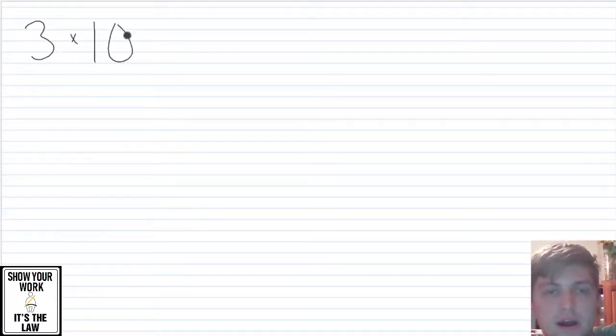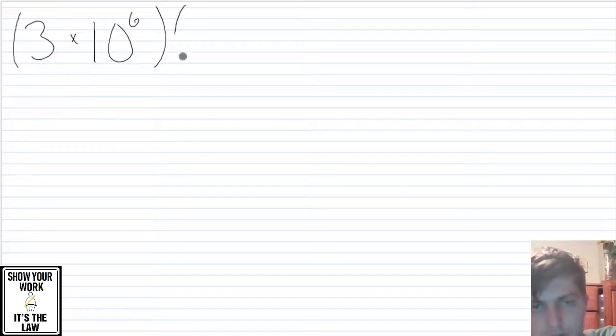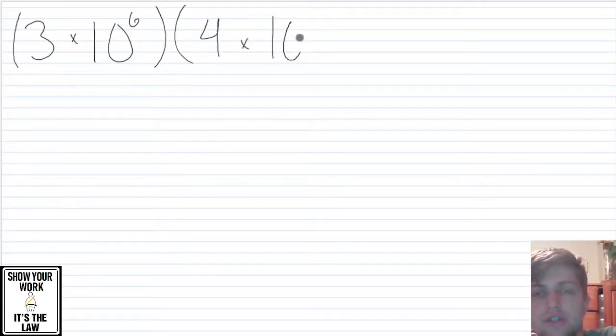So let's say we have 3 times 10 to the power of 6, and we want to multiply that by 4 times 10 to the power of 3.